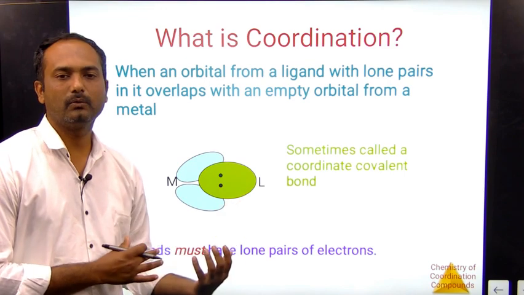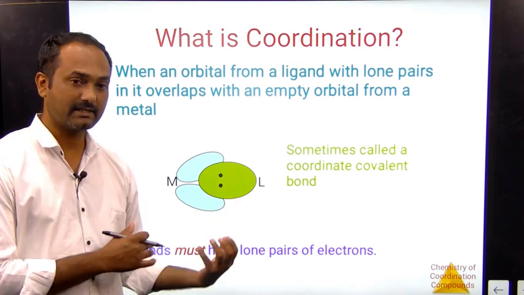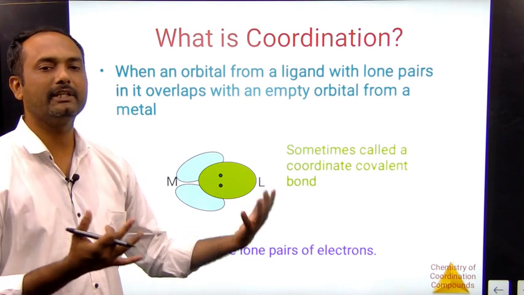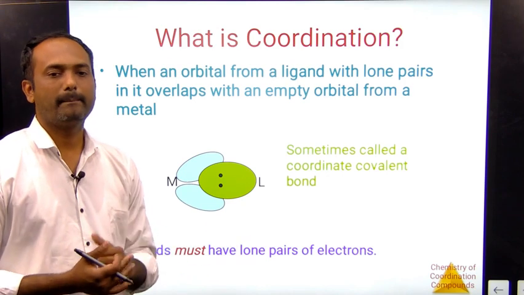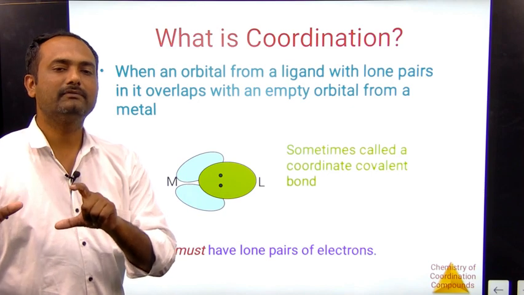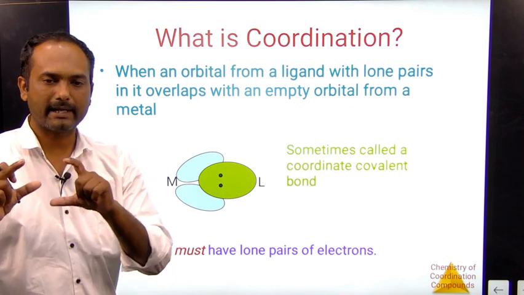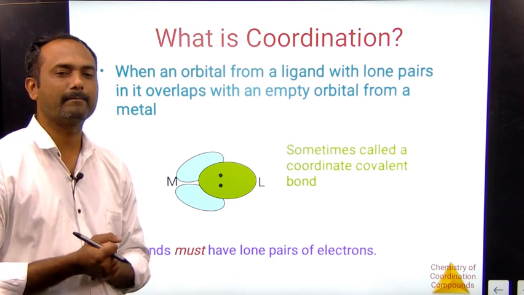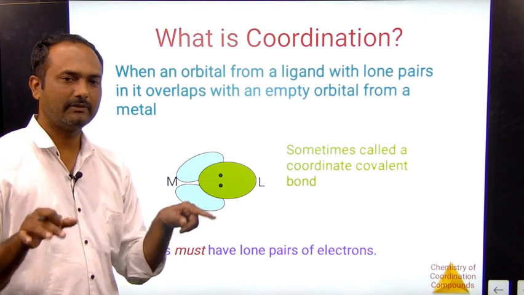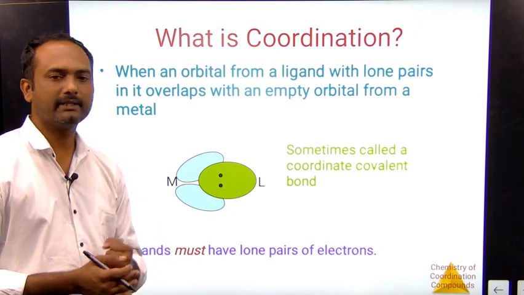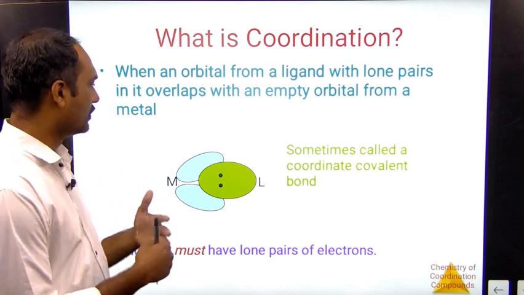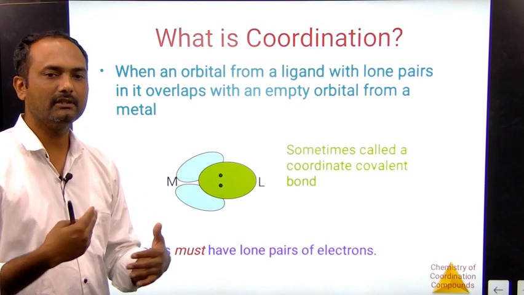So the metal plays the role of acceptor, that is a Lewis acid, and the ligand plays the role of a Lewis base by donating electron pairs to the central metal atom. Where will these electrons be accommodated in the central metal atom? The central metal atom has some empty orbitals. In these empty orbitals the donated electron pairs will be accommodated, and this overlapping ultimately results in bonding.